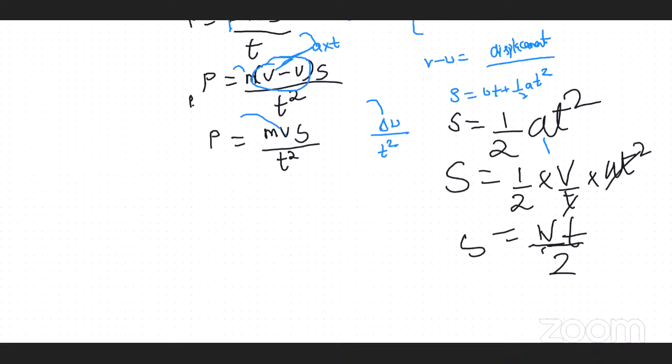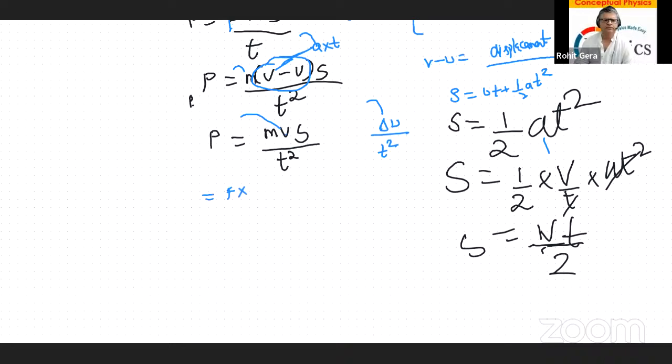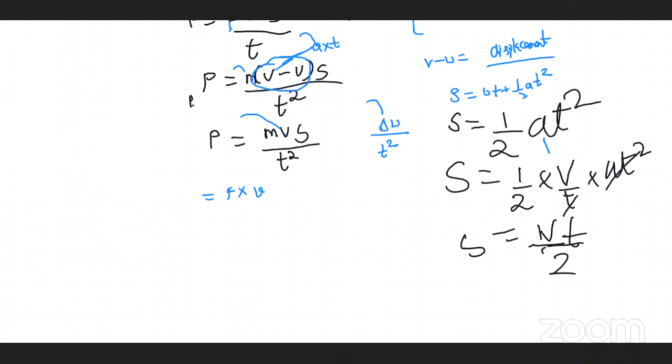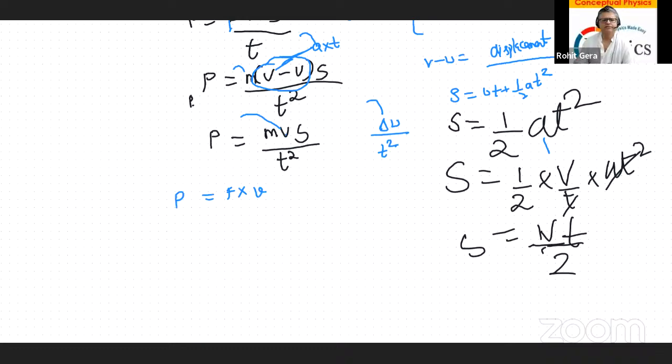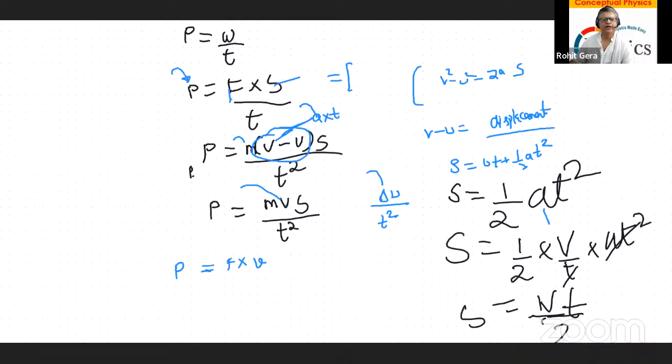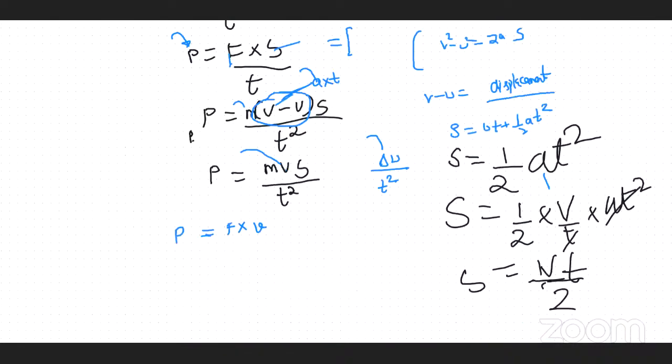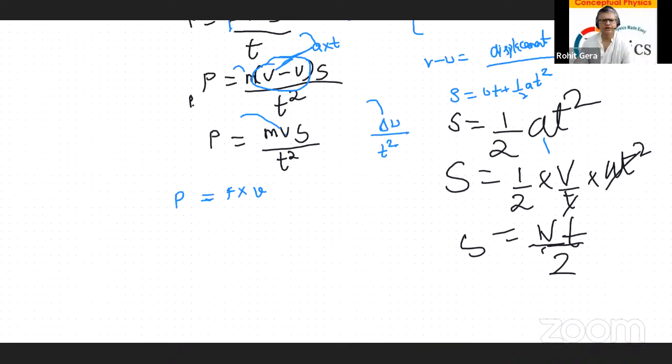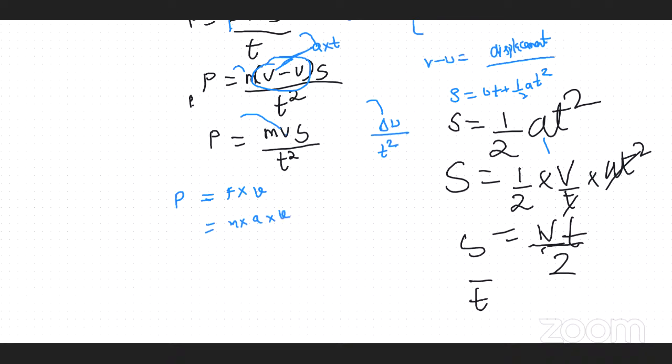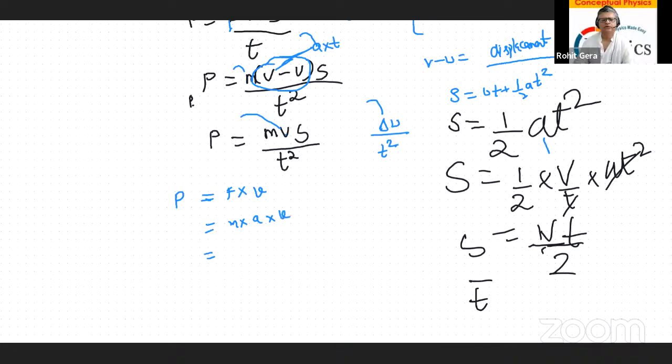Work done will be force, तो पावर इनटू टाइम t। हाँ, पावर निकालनी है ना। What is the power being delivered to it, मतलब with respect to time, फोर्स और वेलोसिटी का क्या रिलेशनशिप है? तो पावर इज इक्वल टू फोर्स इनटू वेलोसिटी, मास इनटू एक्सेलरेशन इनटू वेलोसिटी। v इक्वल्स टू u प्लस a t। So a is fixed, mass is fixed, and velocity is continuously changing by an amount at, है ना?